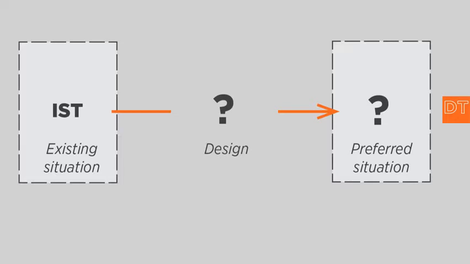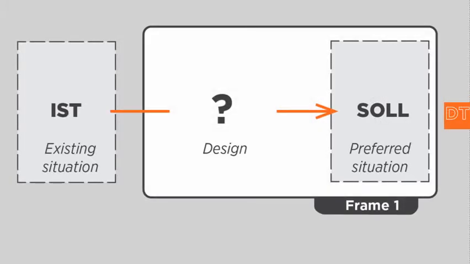That's a question mark. So if design is all about how to get from the Ist to the Soll, from the existing situation to the preferred situation, and we don't know what the preferred situation is, we have an equation with two unknowns, which is unsolvable. There are millions of ways to deal with this equation from a logical perspective.